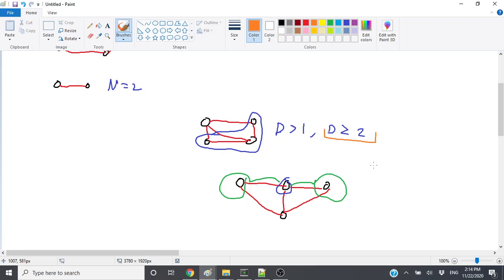Which means that an upper bound on the number of k we can represent is the number of pairs of all of the other nodes. This can't be in any pair, so we have only n minus 1 nodes we can make pairs with.